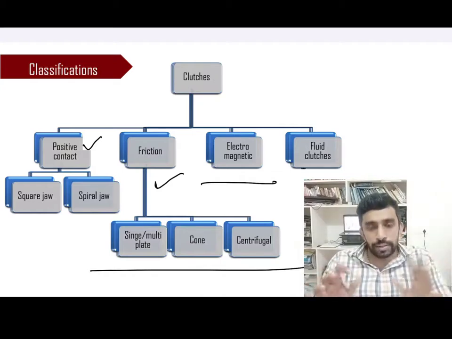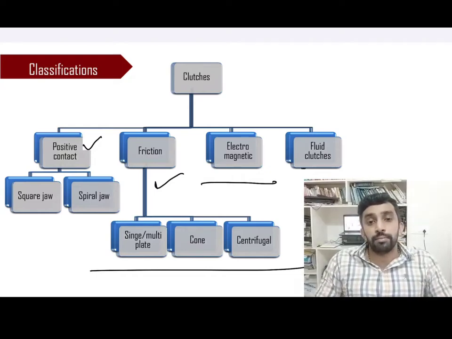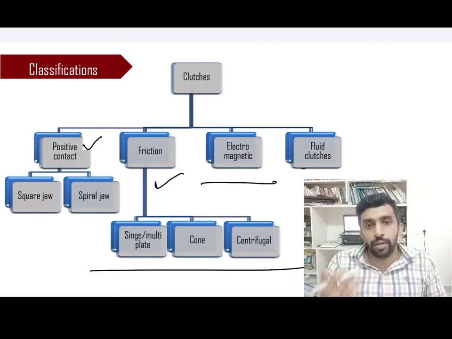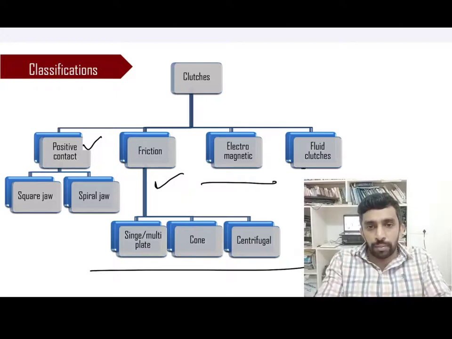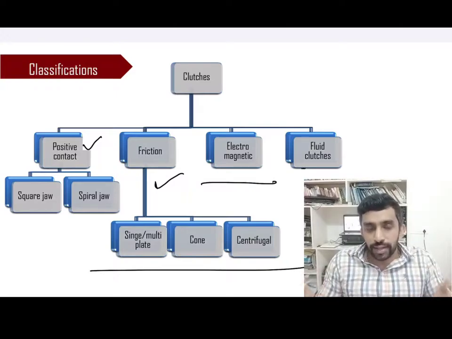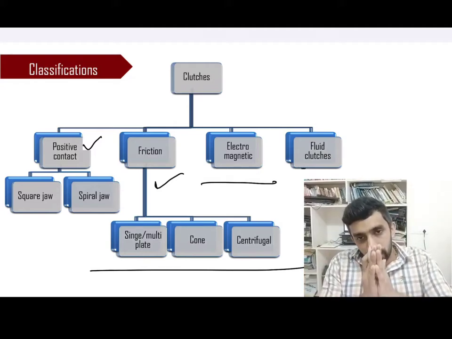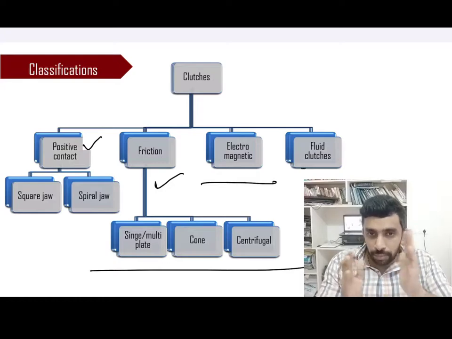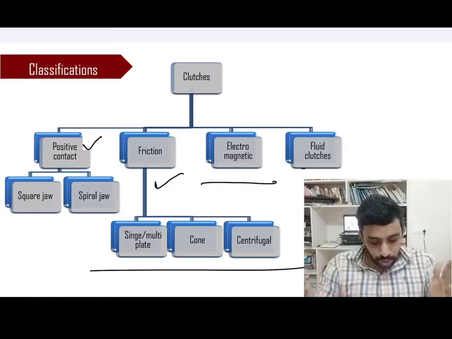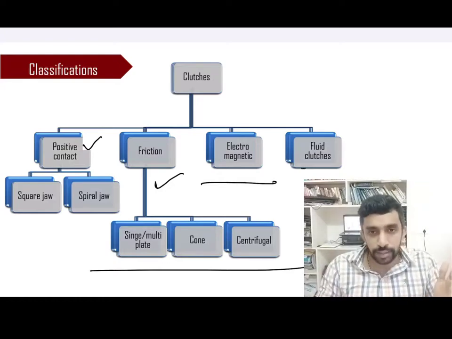In general, based upon the method of applying the load, you have to apply some amount of load to make the clutch engage or disengage. That is the sole purpose. Two shafts are brought into contact with the help of two plates. It can be a friction plate, a square jaw type or a spiral jaw type or anything like that.